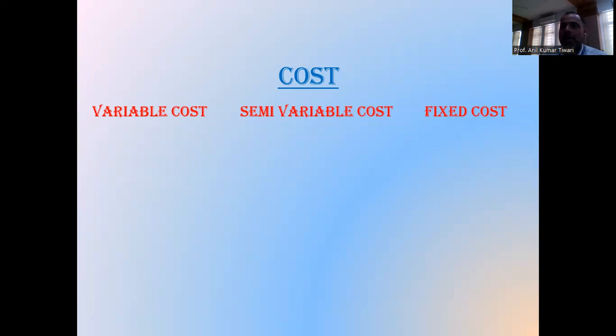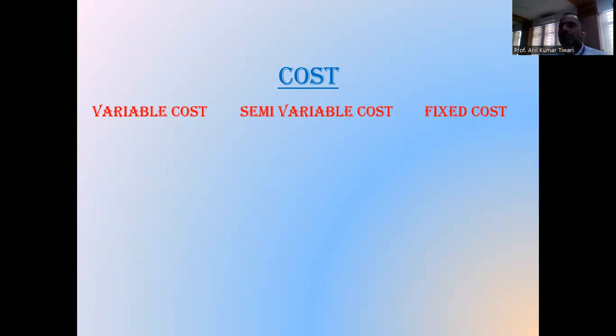Semi-variable means some part of the cost is variable and some part of the cost is fixed. For example, electricity: whether you are using it or not, you have to pay the charges for the meter and so on.